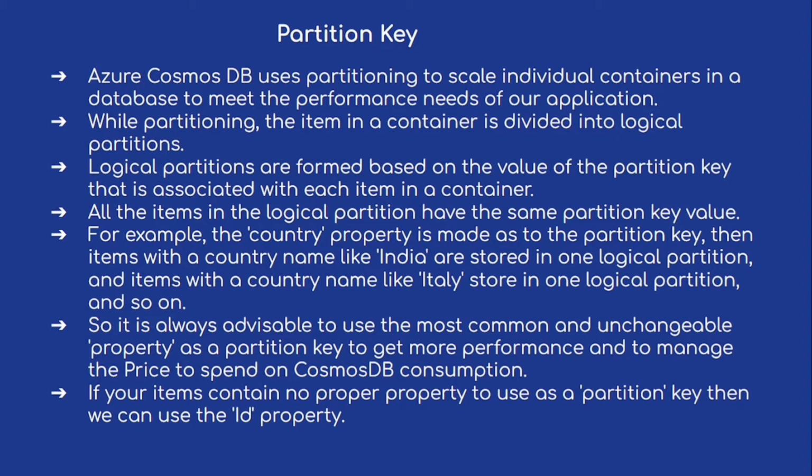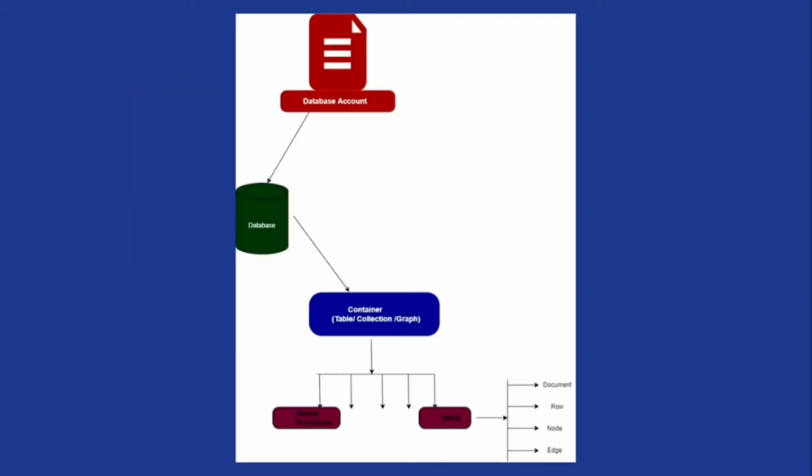Okay. So before going to creating our Next.js application, let's first create the Azure Cosmos DB account, database, and container inside of it. Then we will create the Next.js application and try to consume the items from the Cosmos DB.